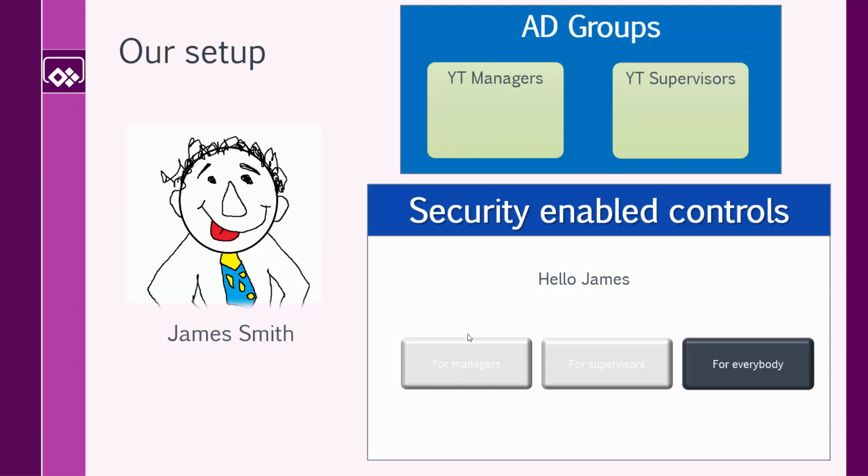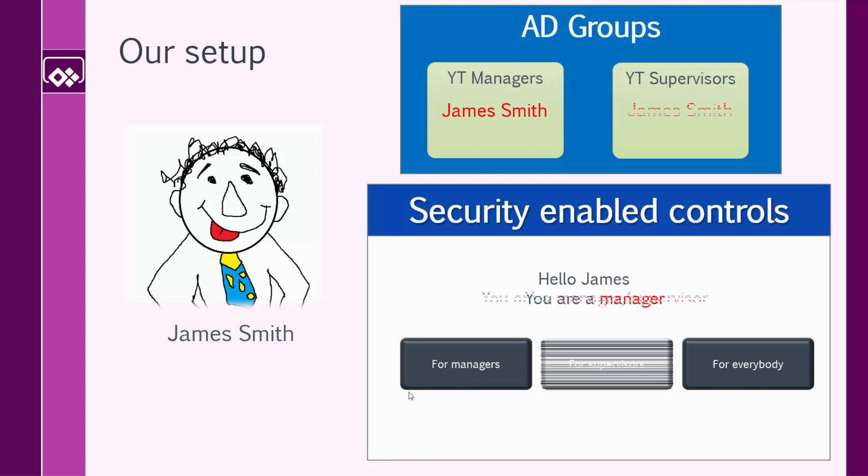And I want to modify this app in a way that when I add James Smith to YT Managers, all of a sudden the button that is labeled for managers is enabled for him. If I add him to YT Supervisors, the button that is designed for supervisors should be enabled, so James Smith should be able to use it. Now, let's start by creating the AD groups, and then we get back to the app and discuss it.